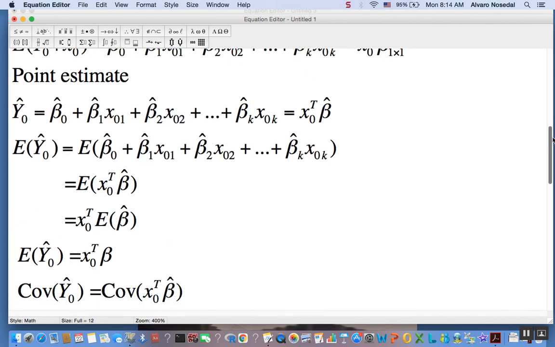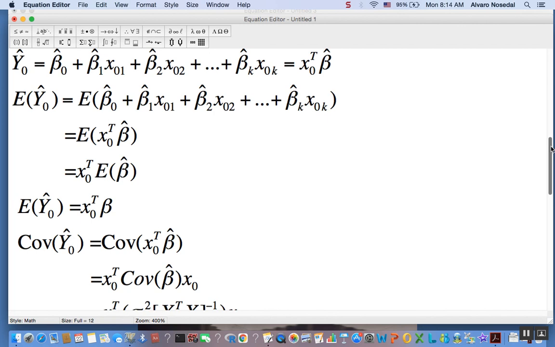You could argue that the following quantity, x0 transpose times beta hat minus your target, which is x0 transpose beta, is a normal 0, 1, and then you divide by an estimator of the variance sigma squared.